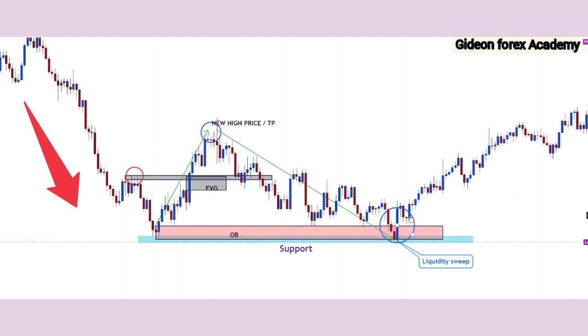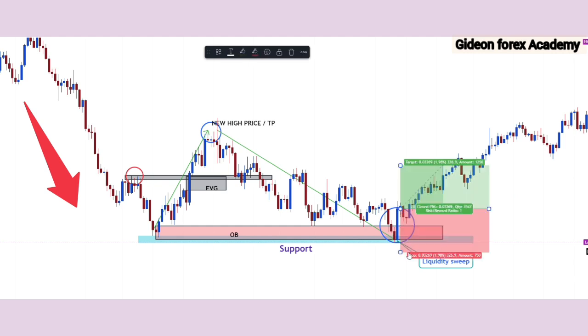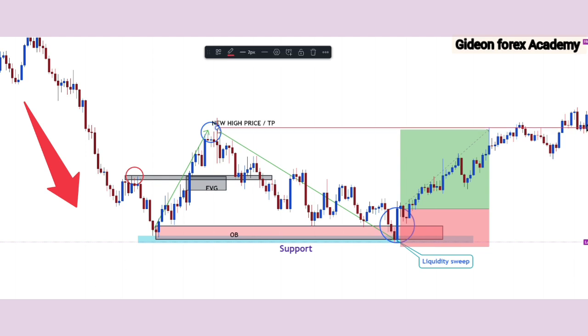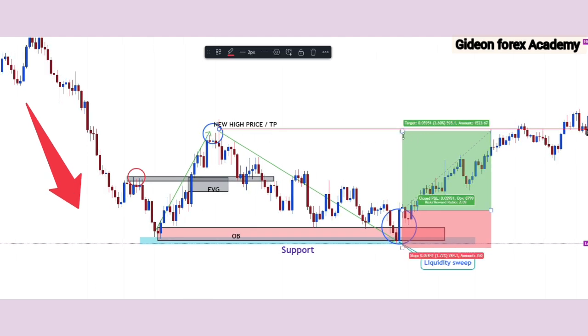If there's a bullish engulfing like this after the order block has been closed off and mitigated, especially if there's a liquidity sweep, you place your buy order here and place your stop loss just below the last bullish candle, and target these new highs up here.